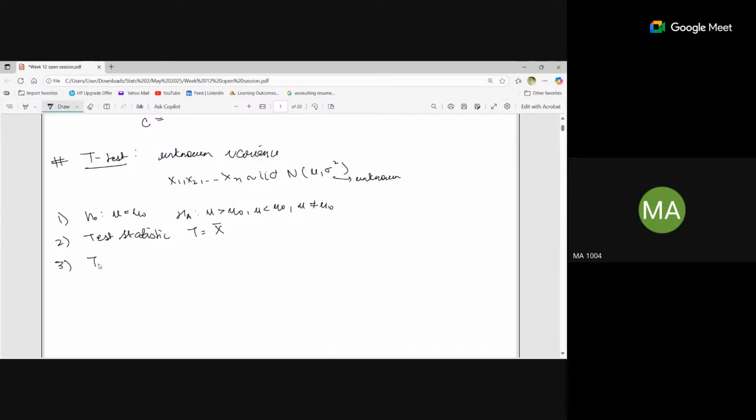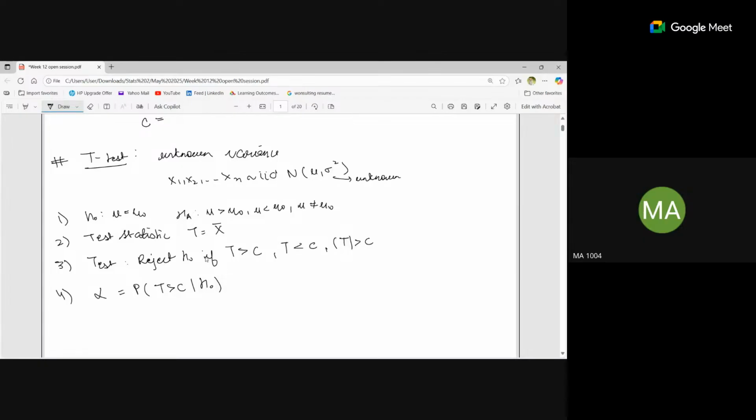My test would be to reject H naught if T is greater than C, or if T is less than C, or if mod of T is greater than C. If the alternative is mu greater than mu naught, then T is greater than C. If mu is less than mu naught, we say T is less than C. If mu is not equal to mu naught, we say mod of T is greater than C. Now fourth, we will calculate the value of C. My alpha would be the probability of T greater than C given H naught is true, correct?